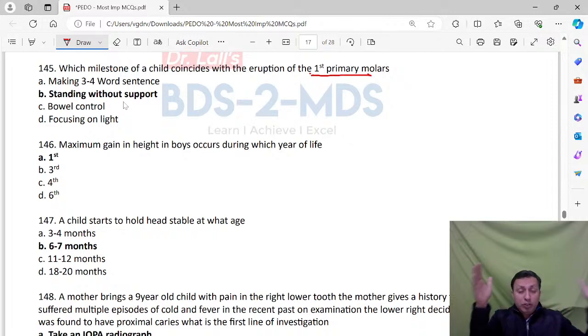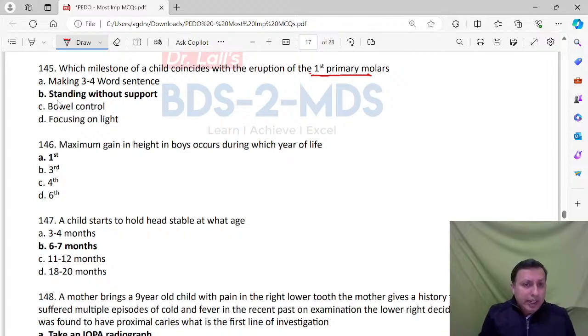There are different milestones mentioned in the books, but I have jotted down the important milestones. That is, when does the child stand without support, when does the child stand with support, or when the child sits with support, or sits without support, when does the head become stable, when does the head not become stable. So we have already discussed this.